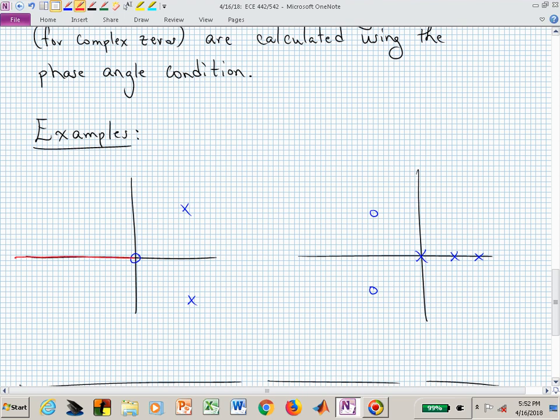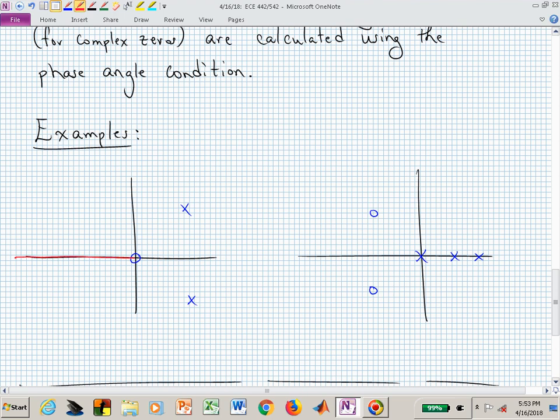How many branches, root locus branches, do we have in this particular system? So I've heard 3, I've heard 2. Do I have a 0? Do I have a 1? Do I have a 5? I feel like I'm an auctioneer now, but I'm not going to go there. How many branches do we have?